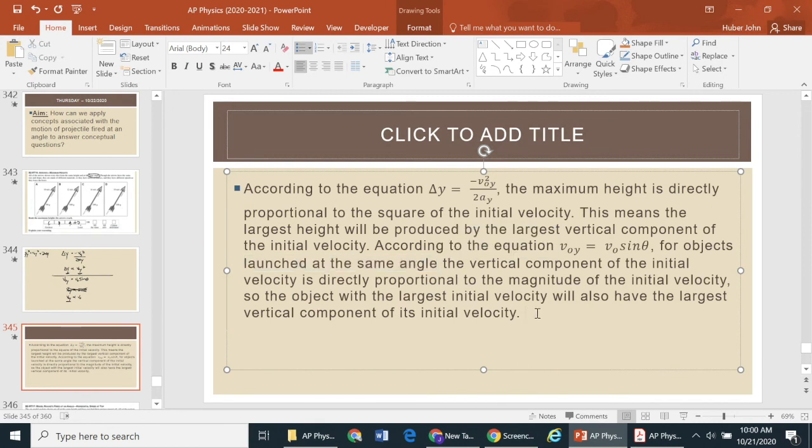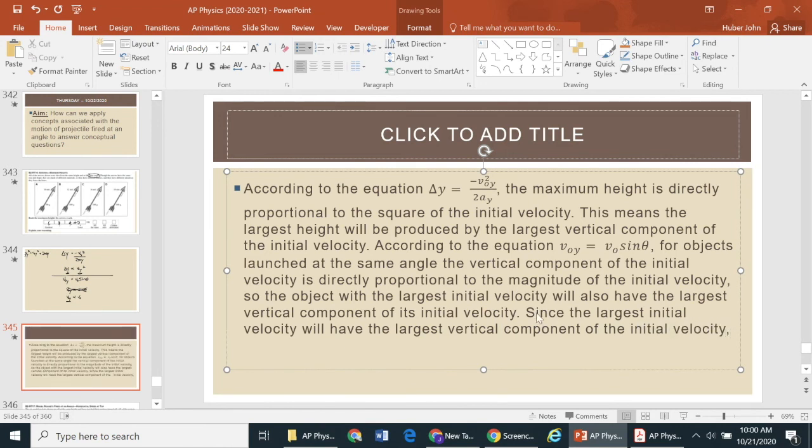So to finish this one off here, we just need to say, since the largest initial velocity will have the largest vertical component of the initial velocity, it will also produce the largest maximum height.